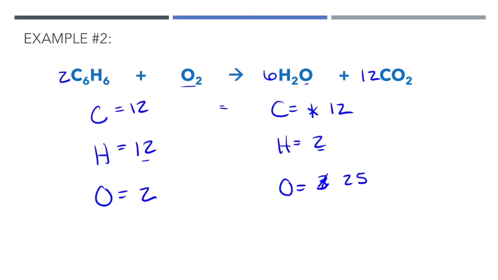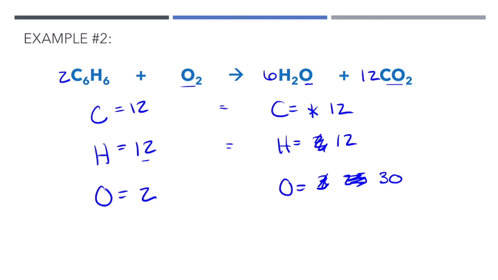And remember, last time that was a 3 and that was an odd number. Now I'm putting a 6 there and it's an even number. So 6 times 2 is 12. All right, so now hydrogen's equal. And that also changed the number of oxygens I have. So again, I've got 24 oxygens coming from carbon dioxide, and now I have 6 oxygens coming from water, and that changes this to 30 oxygens.